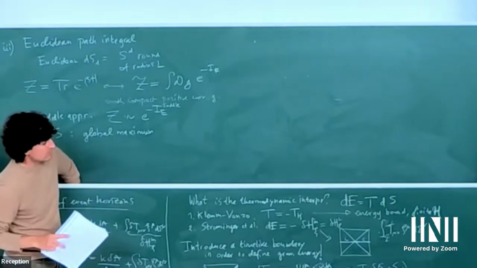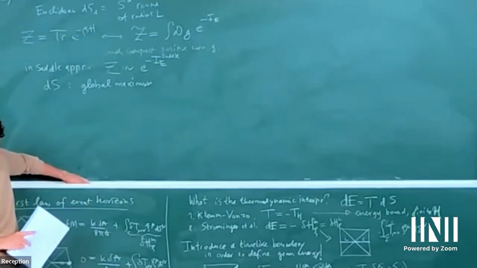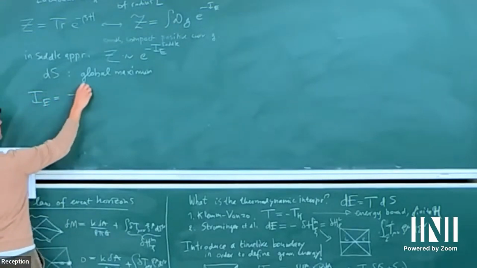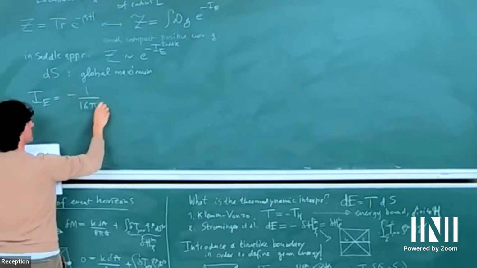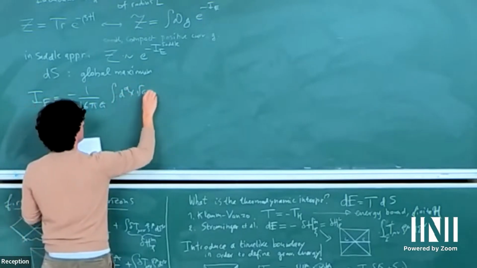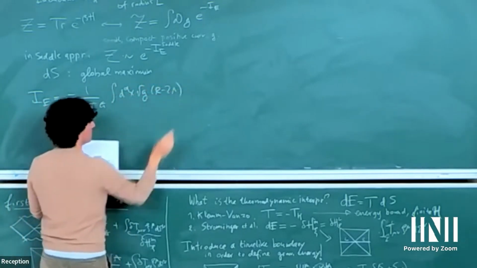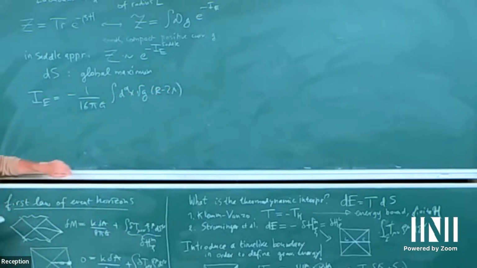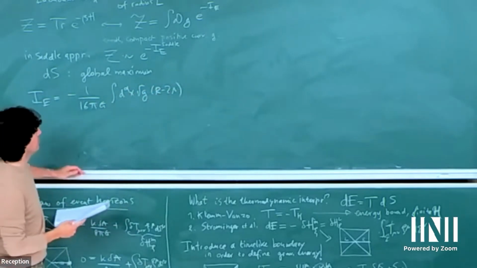Okay, so now we want to compute the Euclidean action. So with a cosmological constant, we want to evaluate this on de Sitter space. And the computation is very simple.